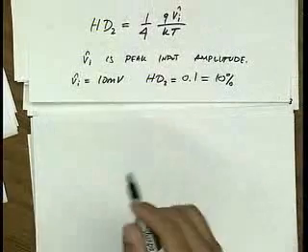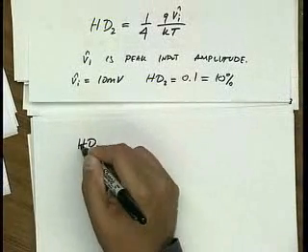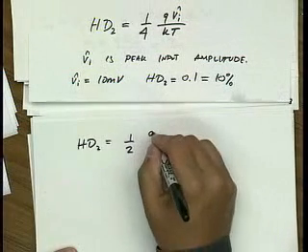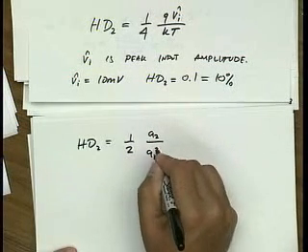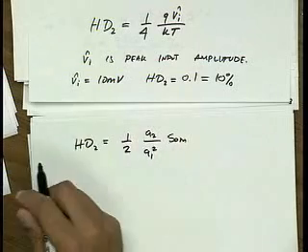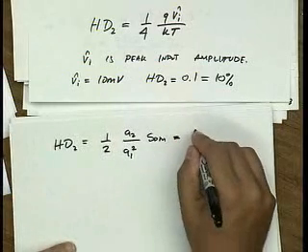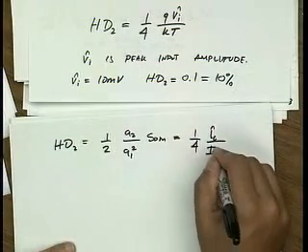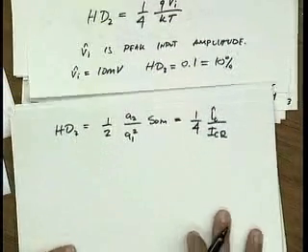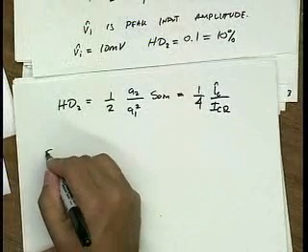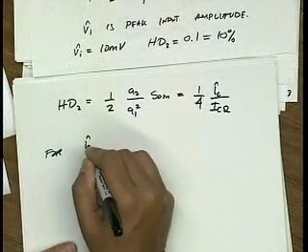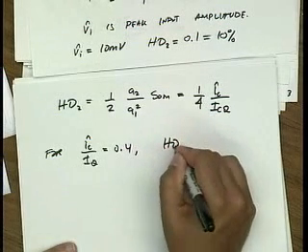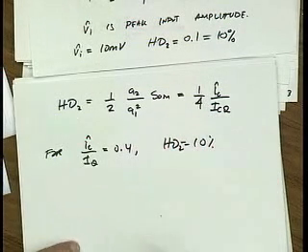We could also express HD2 in terms of the output current. Remember, we found that HD2 is 1/2 A2 over A1 squared times the magnitude of the output. So plugging in, that gives us 1/4 the collector current amplitude divided by ICQ. So for instance, for IC over ICQ of 0.4, we also get 10%.